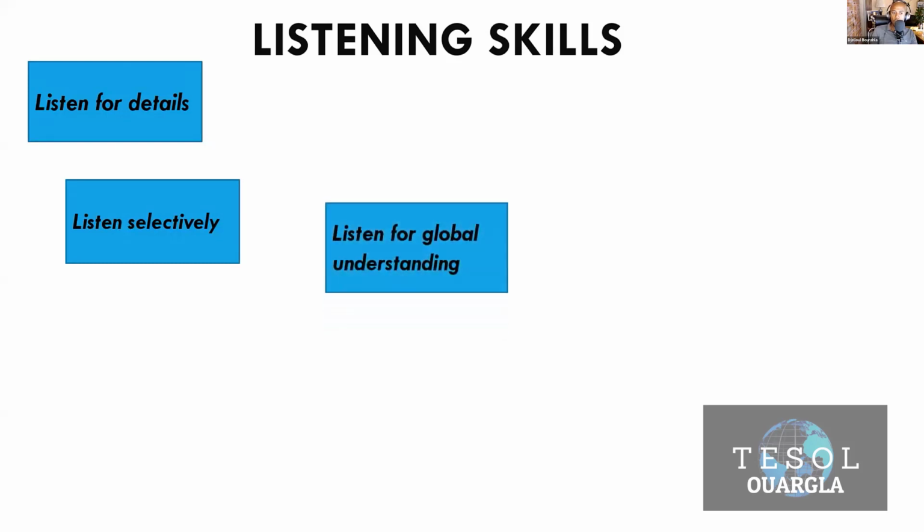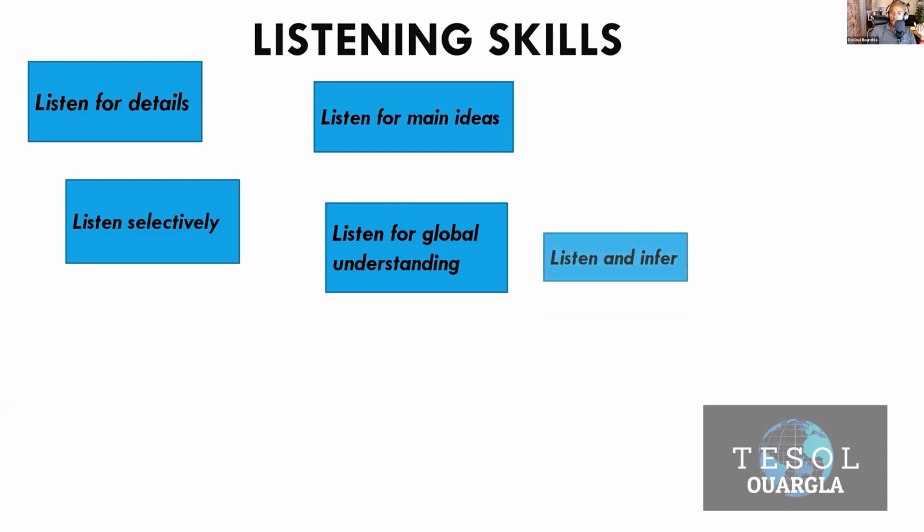Then we listen for global understanding. We understand the overall general idea, such as the theme and the topic and the purpose. And then we listen for main ideas. Now, there is listening for global understanding and listening for main ideas. This is a bit more specific.